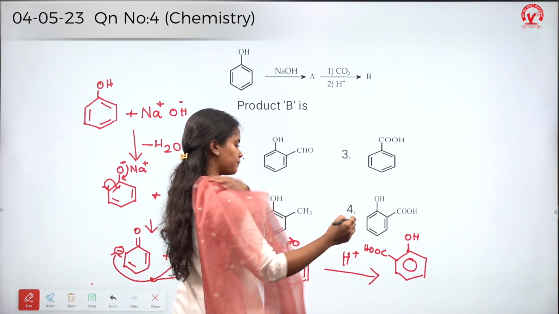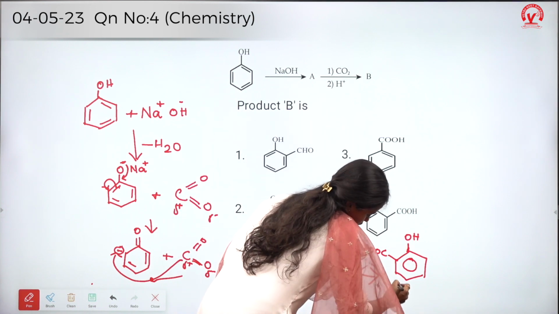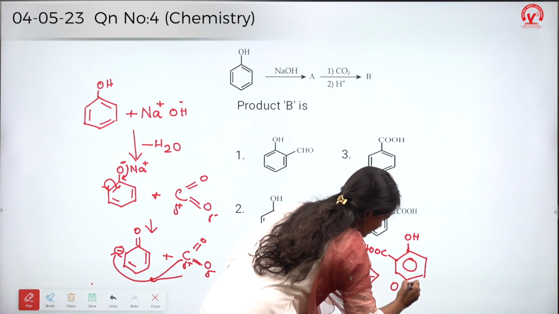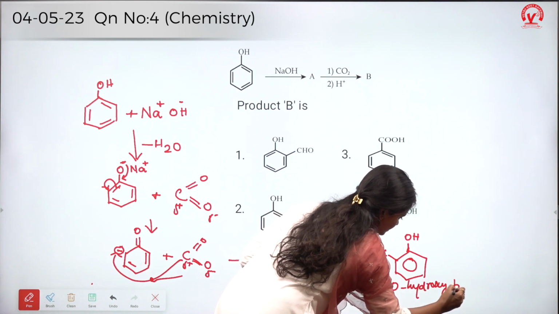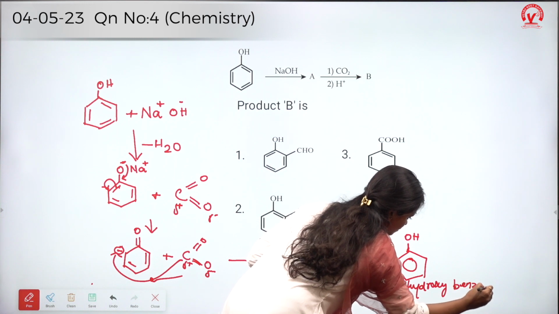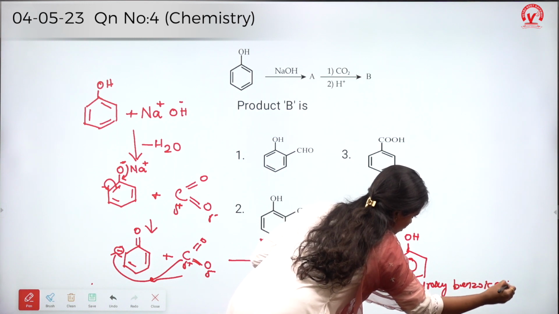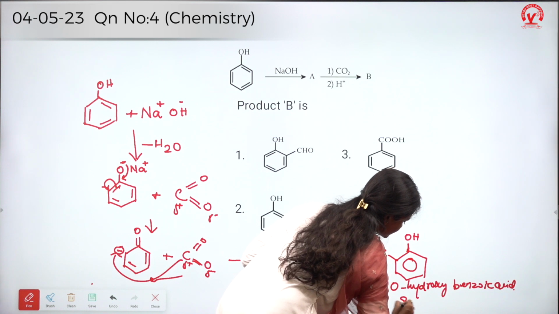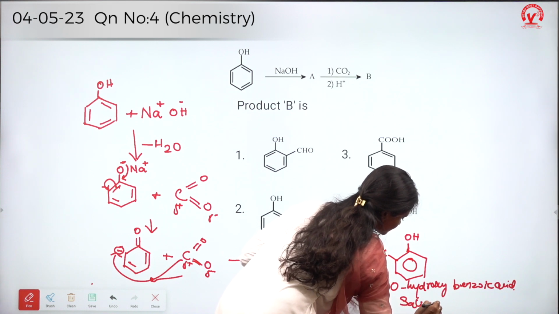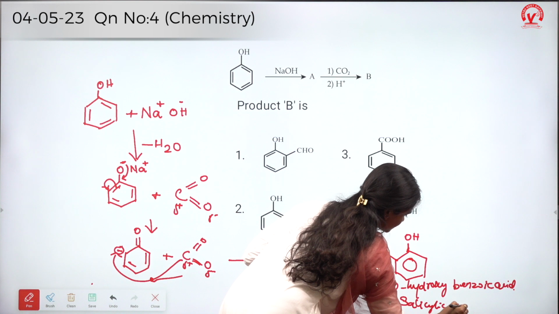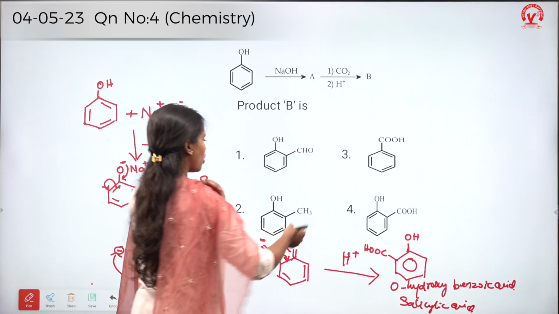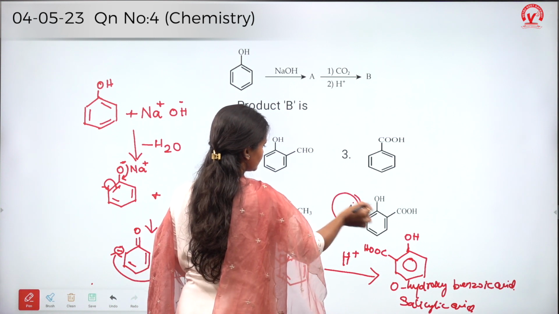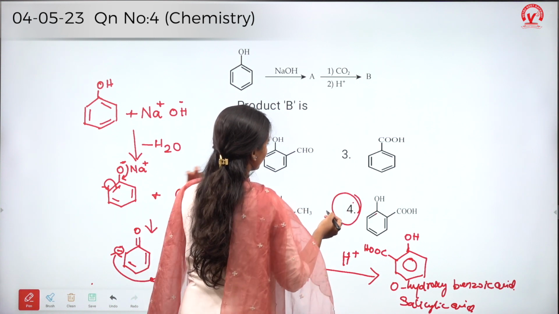It is ortho-hydroxy benzoic acid, or it is called salicylic acid. Here option 4 is correct, that is, salicylic acid is the product B.